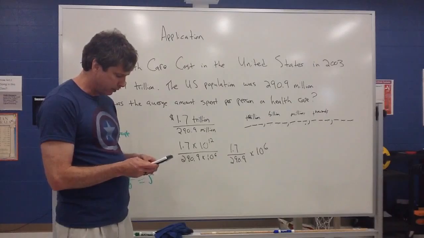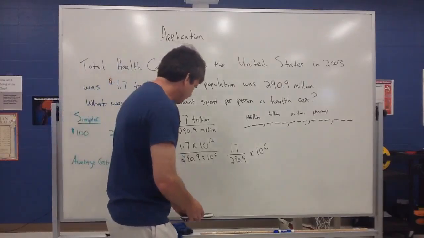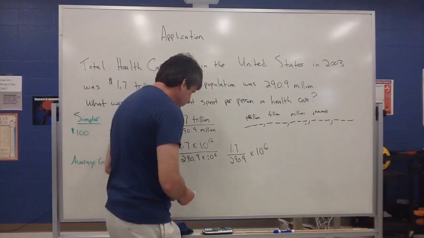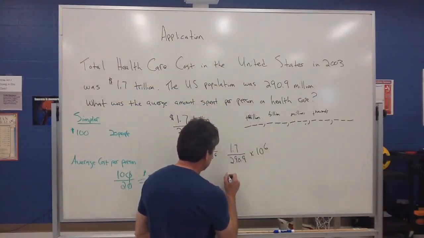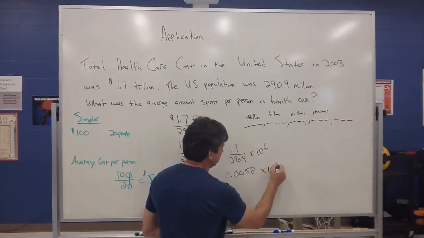That's going to give me, well, it's going to be a strange number again. I'm going to go out to 4 decimal places. So it's going to be 0.0058 times 10 to the 6th power.